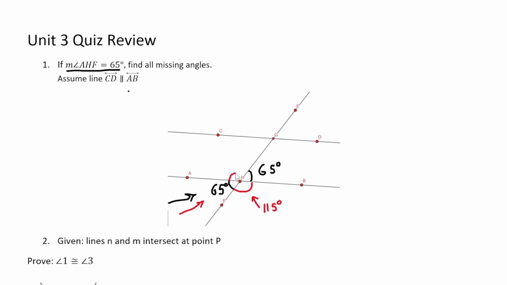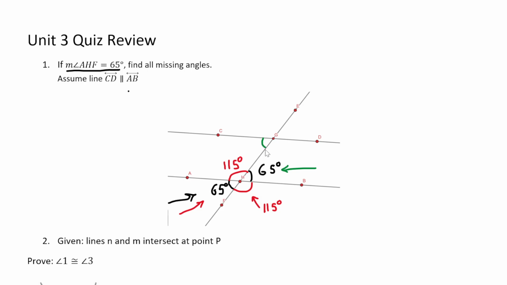Now with that angle, now I can find this one, which is vertical. So these two red ones are vertical angles. So this one is also 115 degrees. Okay, now let's say that I'm just taking a look at this angle right here. This angle is an interior angle. Well, alternate interior to this angle would be this angle right here.